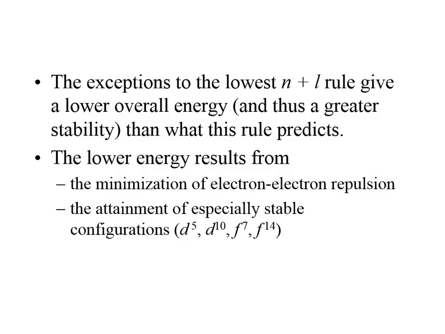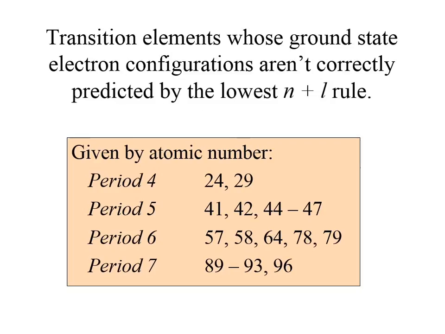So when do they occur? They occur, like we just saw with chromium, to half fill a D-type, to completely fill a D-type, to half fill an F-type, which would be F7, or to completely fill an F-type, which is F14. Now, you definitely don't need to memorize these or even chase them down, I don't think.